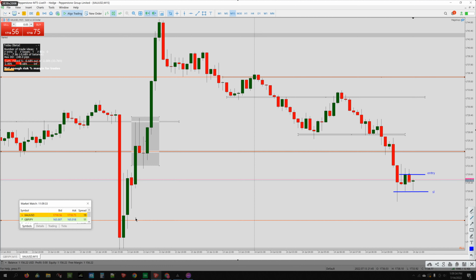Previously this was our entry, this was our stop, and if we executed in here, we could have secured around 120 pips easily.